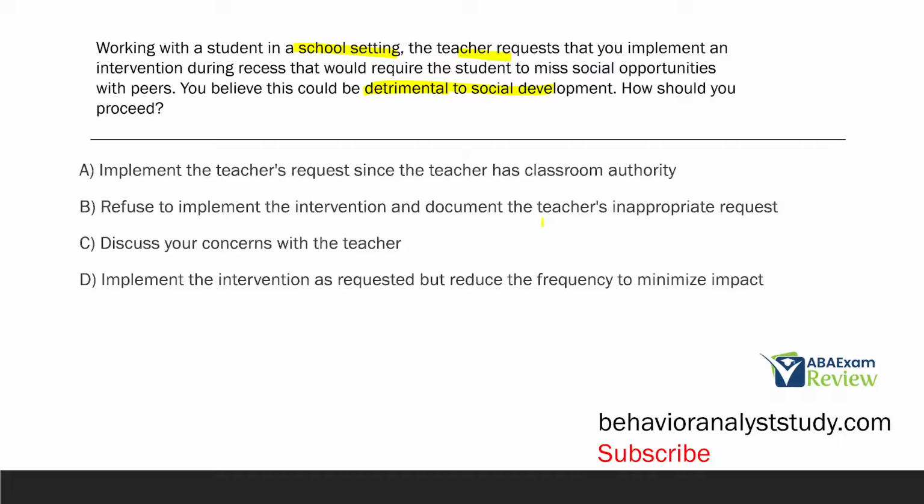But what we need to do before going along with it is discuss our concerns. We've got to try and collaborate. We can't just stand by silently getting upset about something we don't agree with. D, implement the intervention as requested, but reduce the frequency to minimize impact. Before we do anything, collaboration, collaboration, collaboration. You've got to try and collaborate.